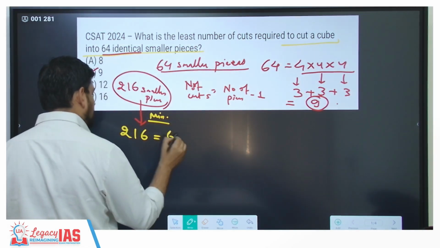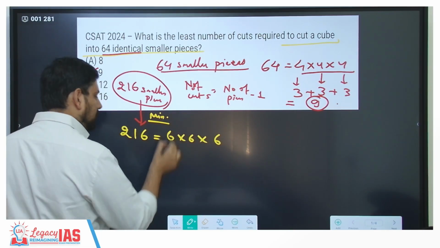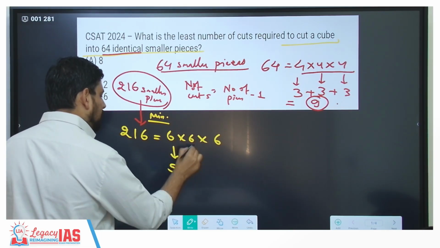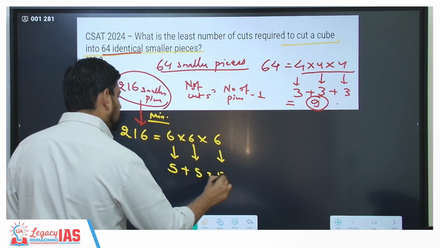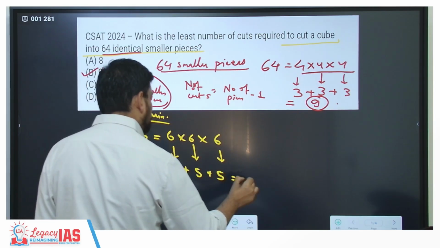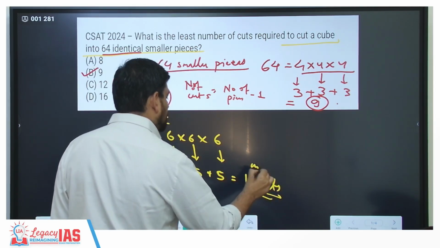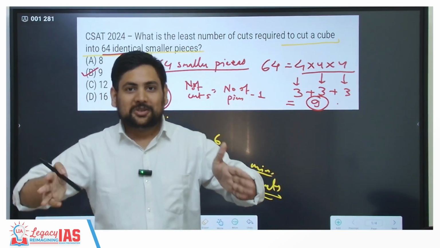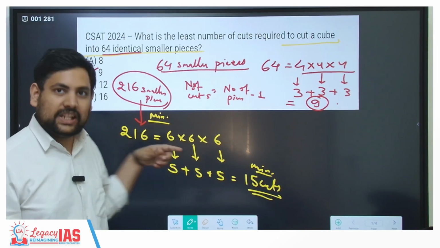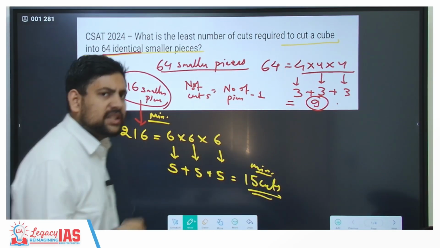So this is 6 into 6 into 6. Now how many cuts do I need here? For the length side 5 cuts, for the breadth side 5 cuts, and for the height side 5 cuts. So 5 plus 5 plus 5 is equal to 15 cuts. This is the minimum number of cuts required to cut any large cube into 216 smaller cubes. Understood? So this is how you do it.